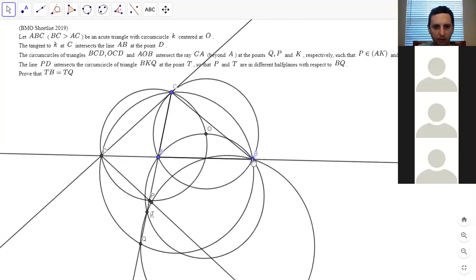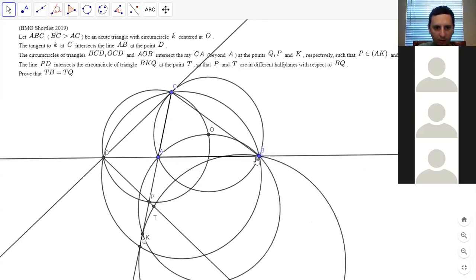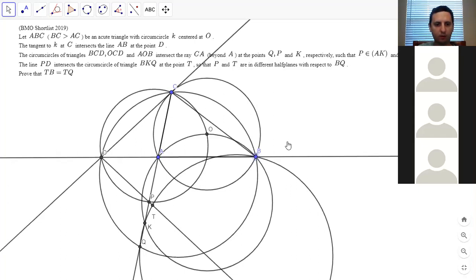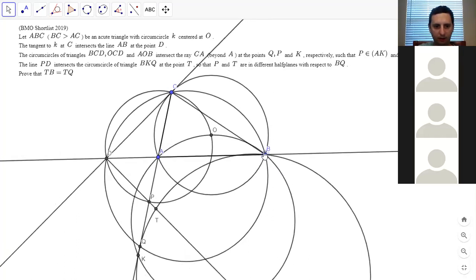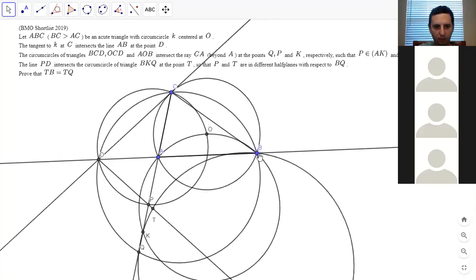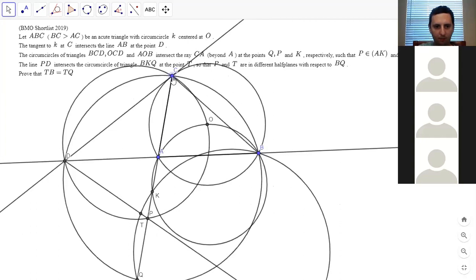So P and T need to be in different half planes. So that's one issue. Because right now they're not.